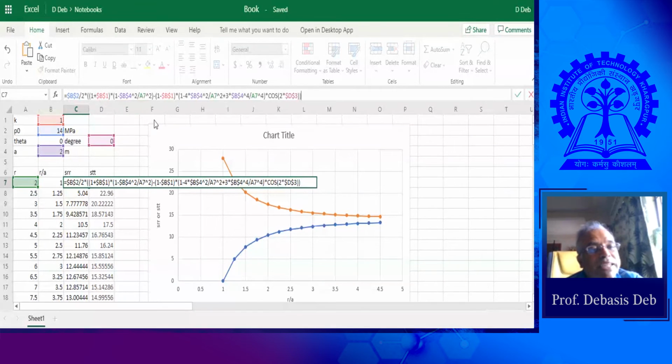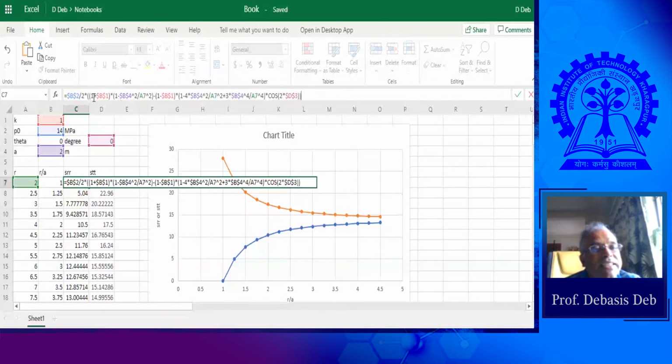You have to just type that equation depending on the cell. When you write $B$2, it will fix this number 14. And the variable is A7, so you do not put a dollar anywhere.